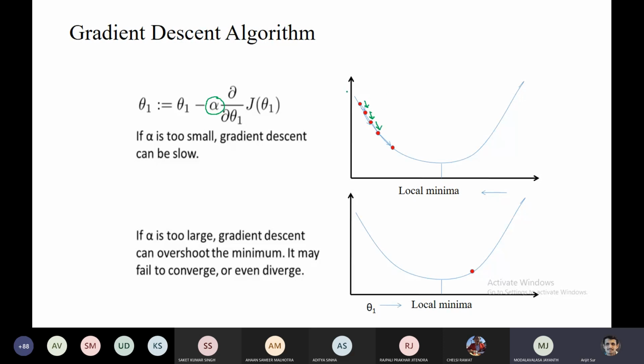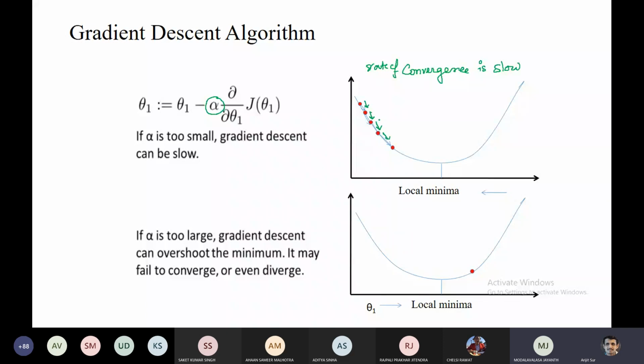So if this alpha is very small, then the rate of convergence is slow. It is going steady, but it is very slow.